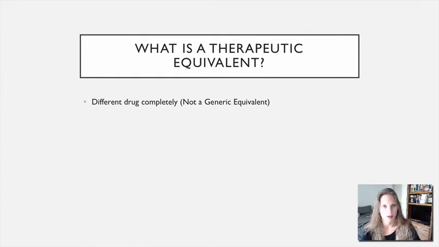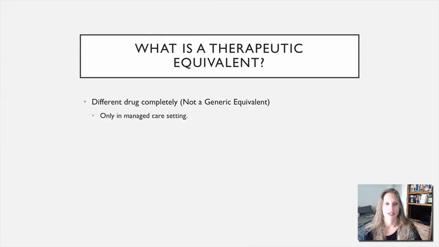Generic, in our previous unit, we said that once a drug is tested and approved and the patent expires, any drug company can make that same drug based on the methodology that's outlined in the USP. A therapeutic equivalent is not this. This is a different thing completely.